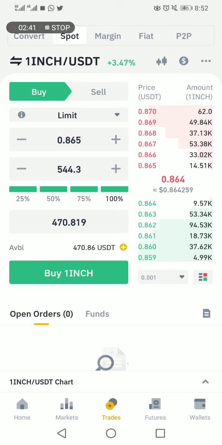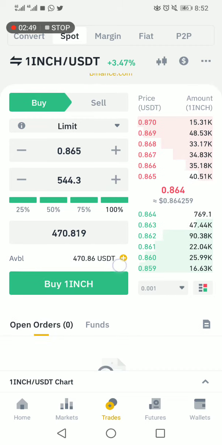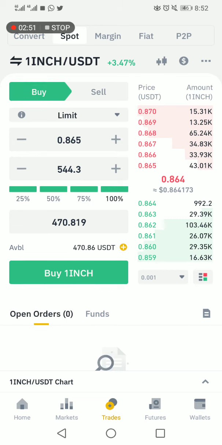So if I click buy now, I'll be buying with 100%. That is everything here, this 470 USDT. Immediately I click buy now, the order I'm placing will have to wait until the market is at this price 0.865 before Binance will help me place the trade.